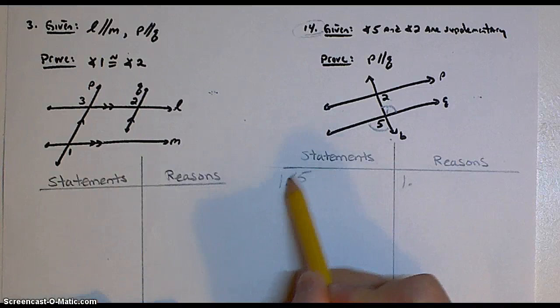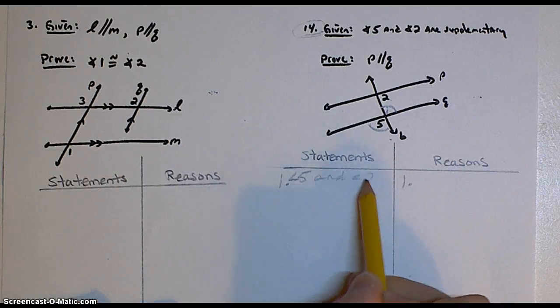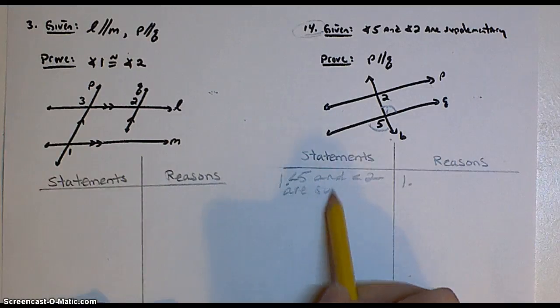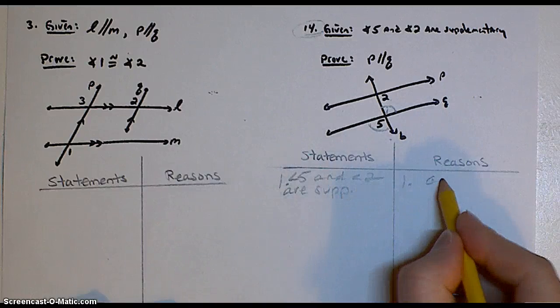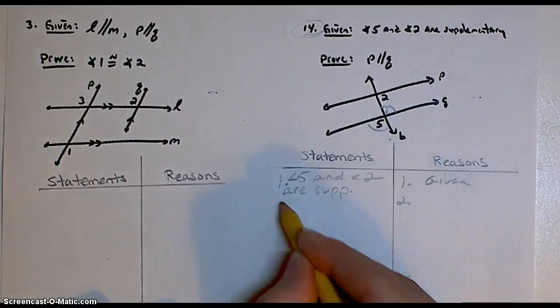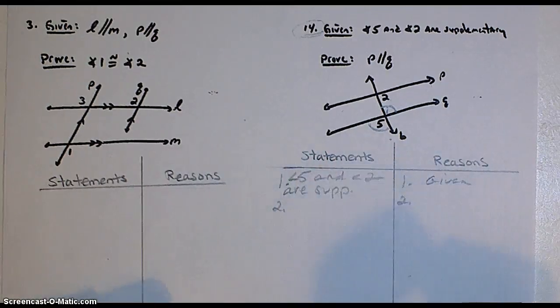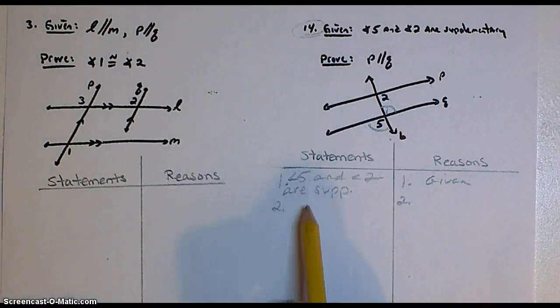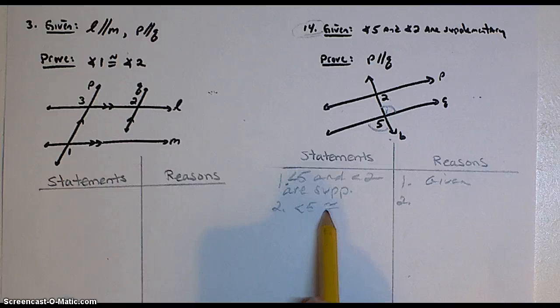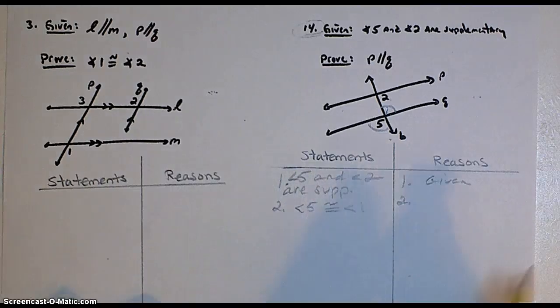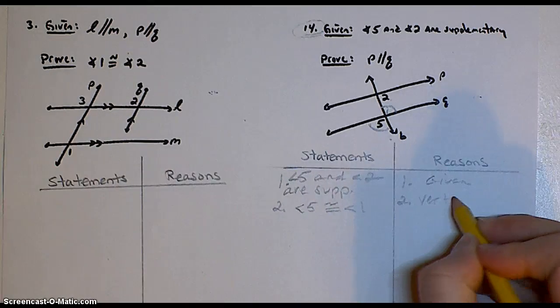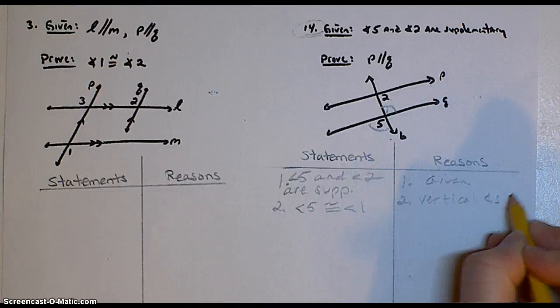Now I'm going to go to my proof and start with the given. The first thing that I said was I created a new angle, angle 1. So now I could say angle 5 is congruent to angle 1 because vertical angles are congruent.